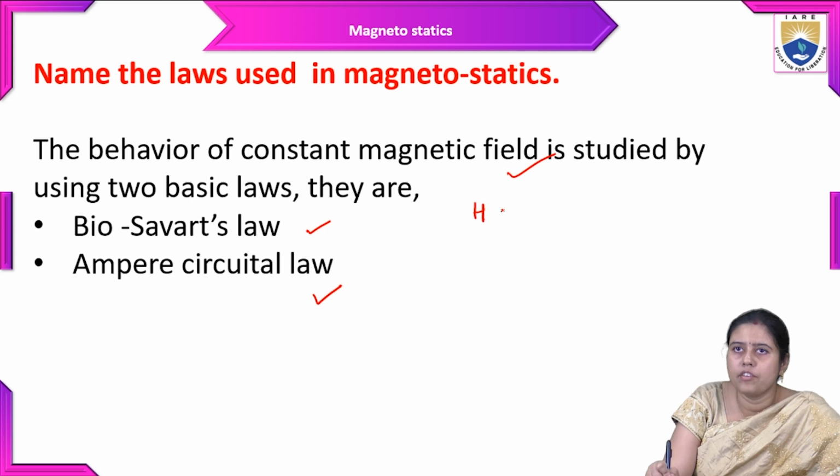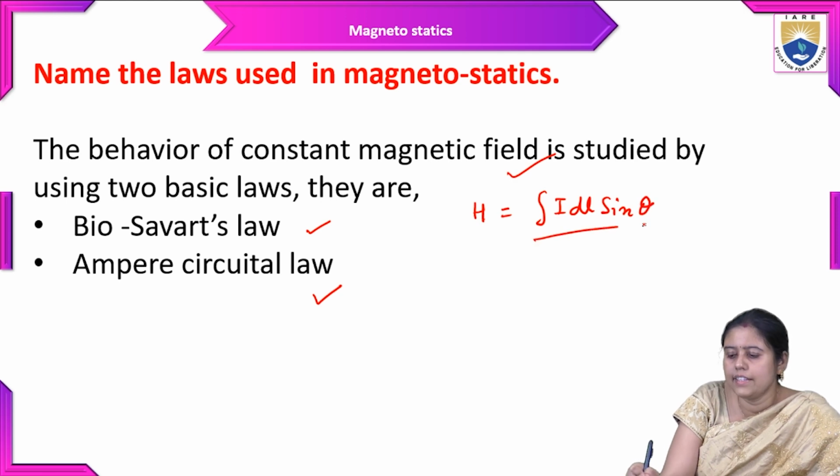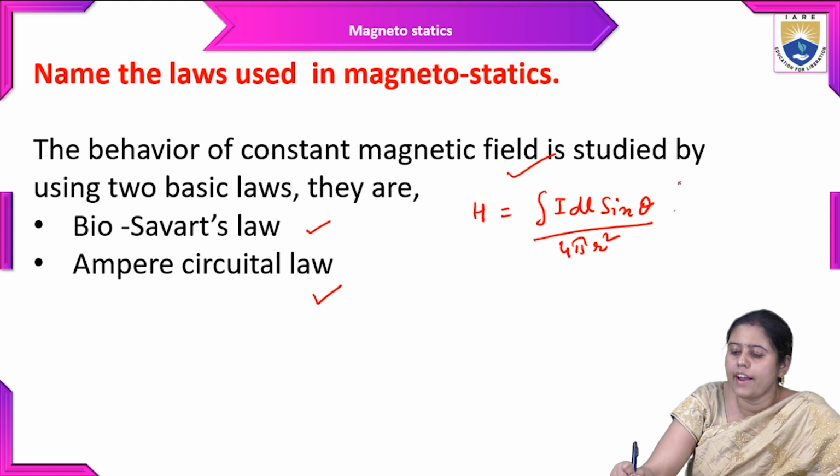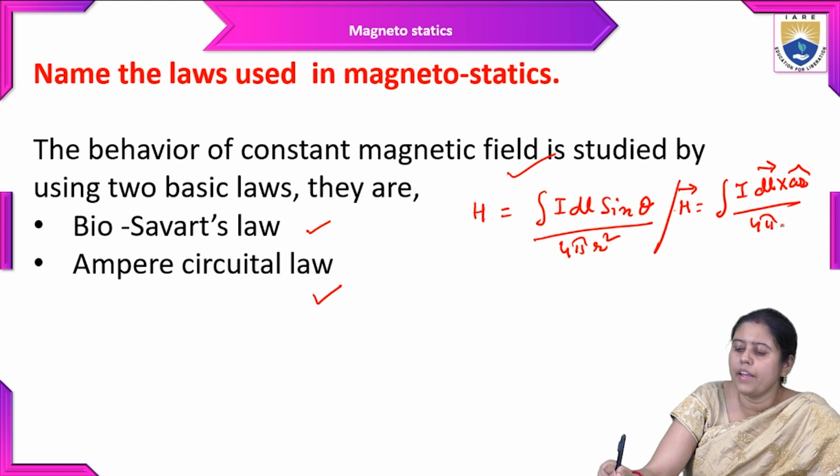In the Biot-Savart law, H is equal to I dl sin theta by 4 pi r square. We can write H is equal to the integration of I dl cross aR by 4 pi r square.